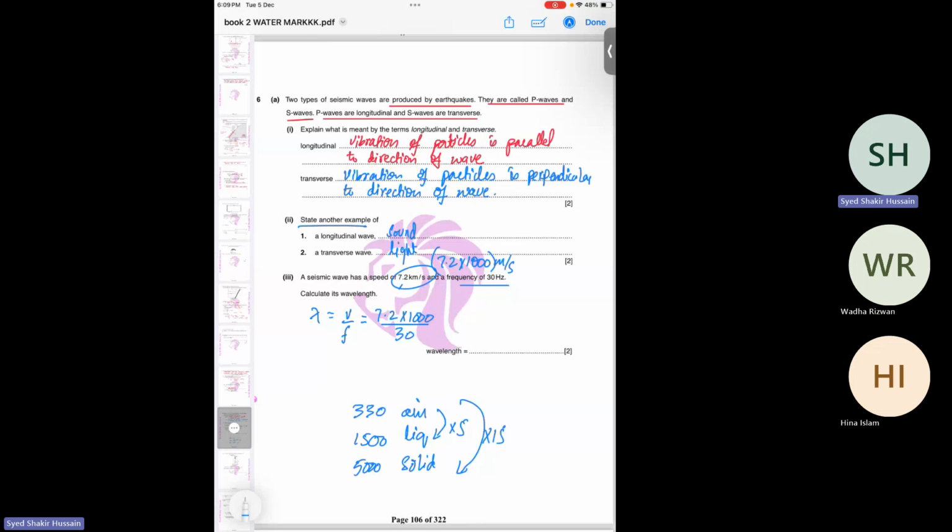Please confirm. Yeah, it's 240. Yes, it's 240, and the unit is meters, right? 240 meters. So got it? Understood? Any problem?